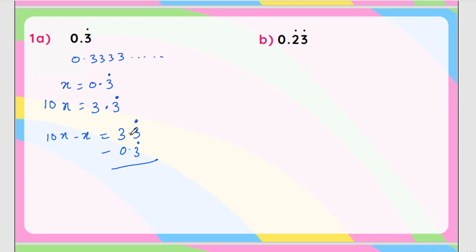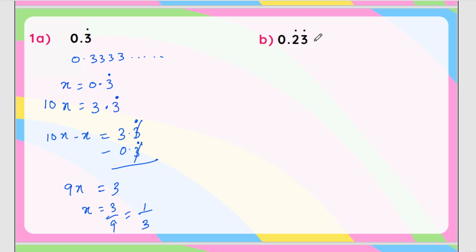Now what will happen if I subtract like this? After the decimal point, the continuous 3s will terminate. Yes. So this and this will get cancelled. So 10x minus x is 9x equal to 3. So x equal to 3 by 9, that is equal to 1 by 3.